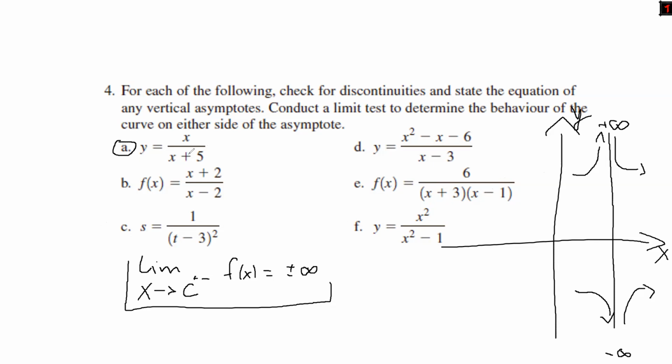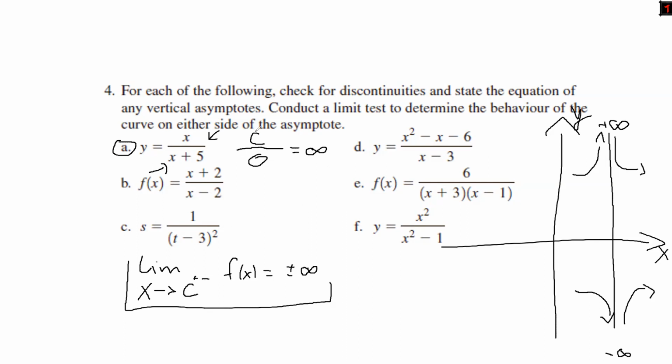To test for a vertical asymptote, you would find the limit of this function as x travels to -5, right? If you substitute x equals -5 in here, you're going to get a constant divided by 0, which gives us infinity.